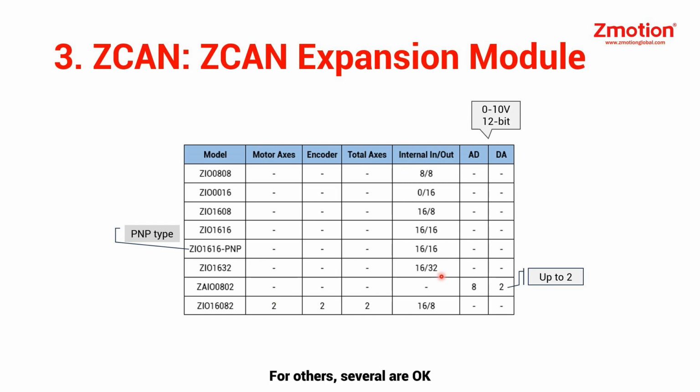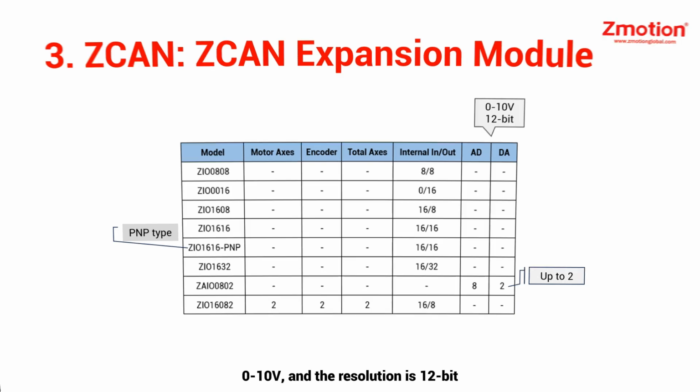For others, several are okay. And someone might see, there is one ZIO1616 PNP. It means PNP type. Generally, if it is without PNP suffix, NPN type is default. For analog, ZIO0802, 0 to 10 voltage, and the resolution is 12-bit.